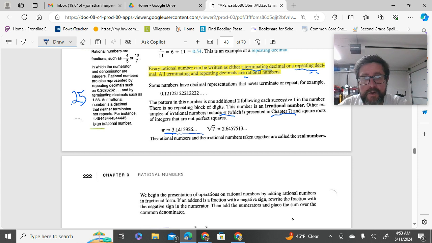Now, I'm going to go over this one a little bit. So say we have the number 1/3. 1/3 is 0.3333, and the threes keep going on. So all you have to do is write 0.3 and draw a line over it. And that means that the decimal goes on forever, but it's repeating, so it is a rational number.